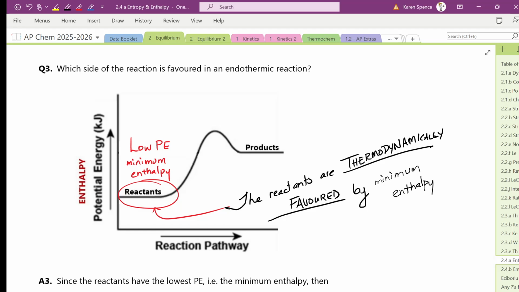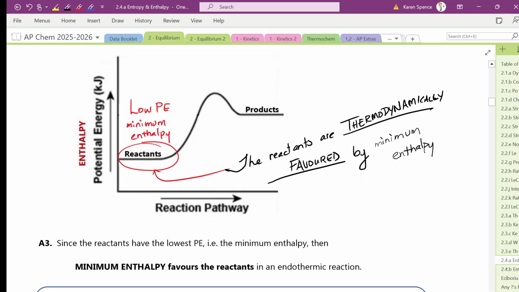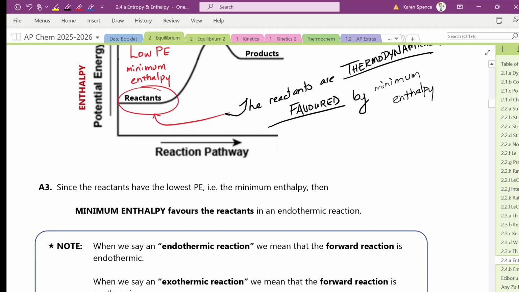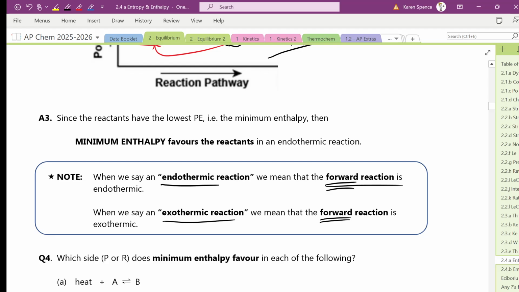Since the reactants have the lowest potential energy, the minimum enthalpy, then minimum enthalpy favors the reactants. When we say an endothermic reaction, we mean the forward reaction is endothermic. If we don't specify, you're always going to be referring to the forward reaction. If we say an exothermic reaction, we mean the forward reaction is exothermic. If it was specified, then you just go with what is specified.